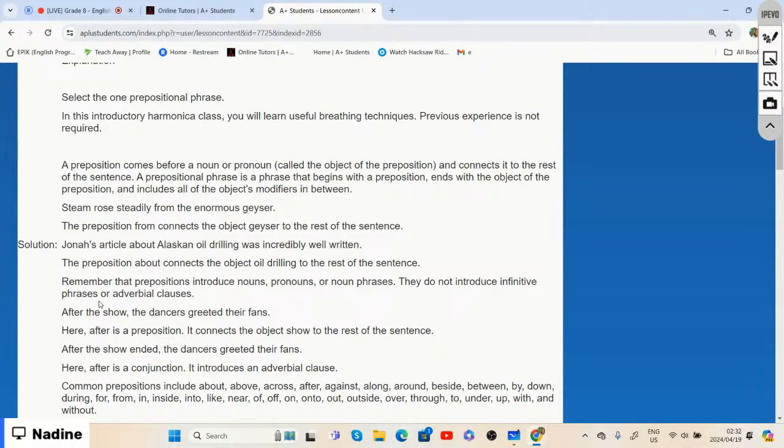And in this case, after is our preposition. It connects the object to the rest of the sentence. After the show ended, the dancers greeted their fans, and in this case, after is a conjunction, right? And it also introduces an adverbial clause.